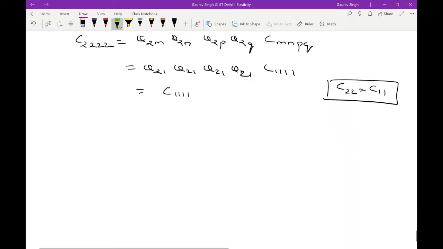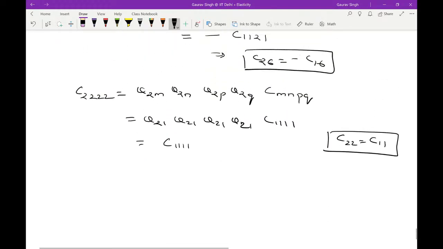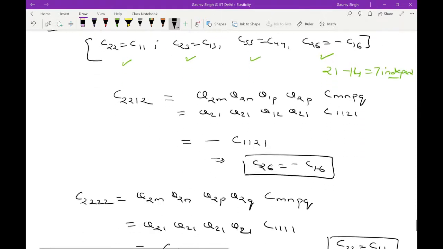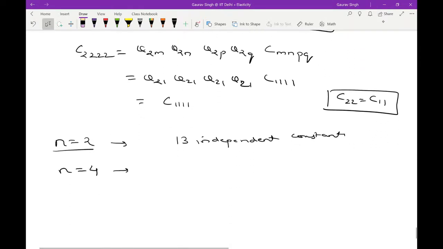So what did you observe over here? When you took n equal to 2, you had 13 independent constants. You have n equal to 4, you will have what we just calculated, 7 independent constants.